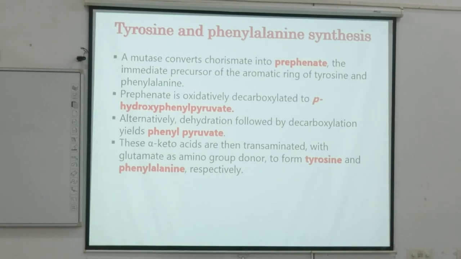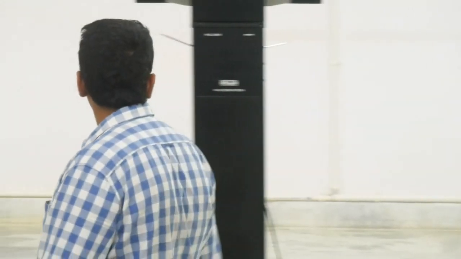So, tryptophan from chorismate came through anthranilate, right. Here the precursor is prephenate. The mutase converts chorismate into prephenate. This prephenate can be oxidatively decarboxylated to p-hydroxyphenyl pyruvate.